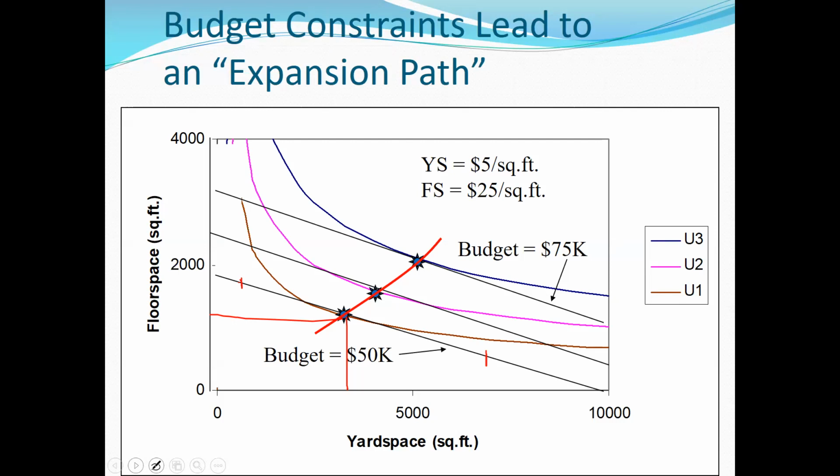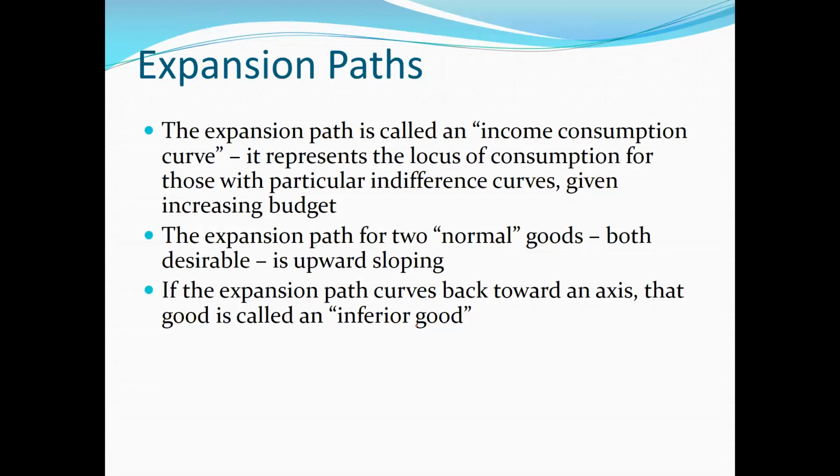What does that mean? That means that they both will have an upward sloping expansion path. For normal goods, the curve will always be upward sloping, okay?